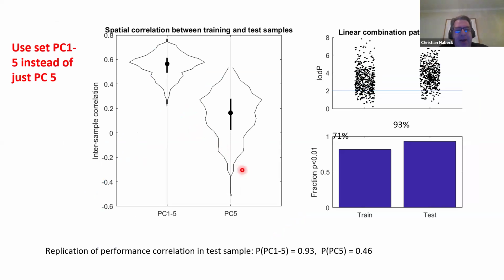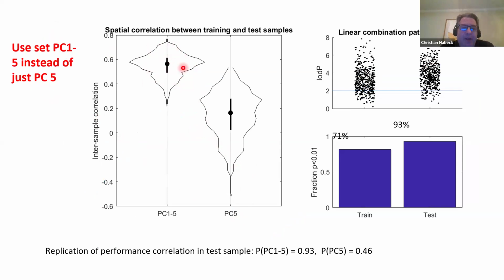Now we apply this PCA technique, and rather than take PC5, we're taking the first 5, PC1 to 5, right? So we're now using the behavioral variable to guide us to construct this pattern in the training set. And first of all, you could see all of a sudden now we have much better spatial reliability, right?